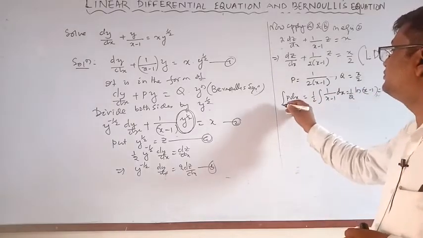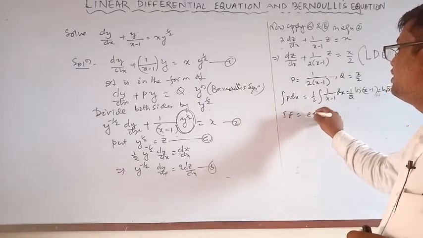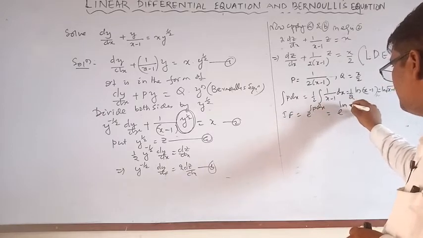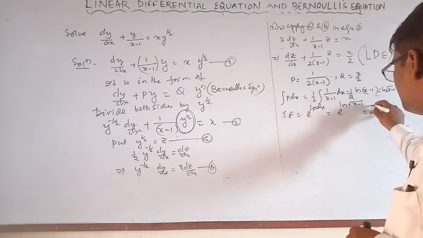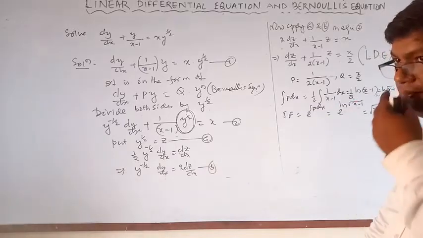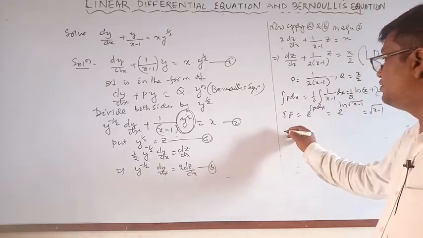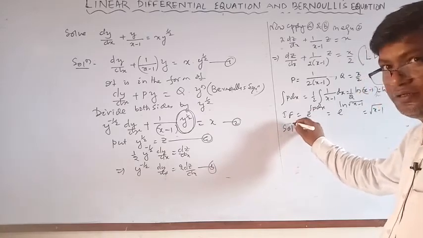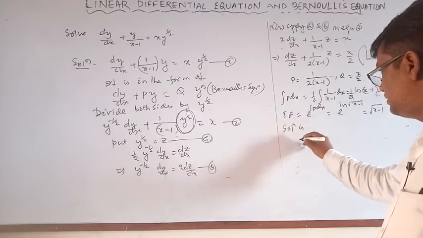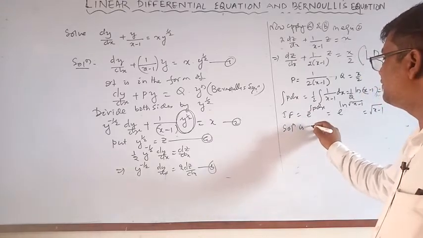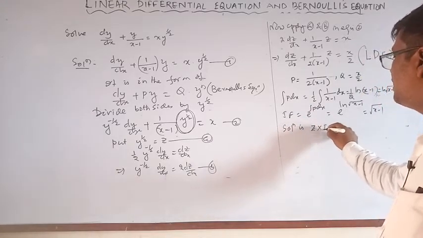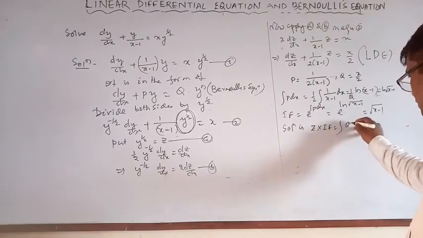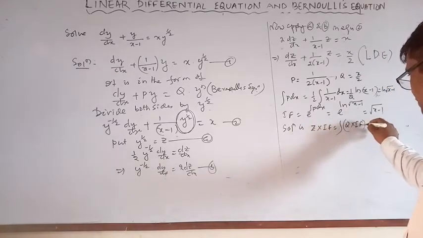Now the integrating factor IF is equal to e to the power integral of P dx. So that is e to the power log root over x minus 1, so root over x minus 1. Now the solution is z into IF is equal to the integral of Q into IF into dx.